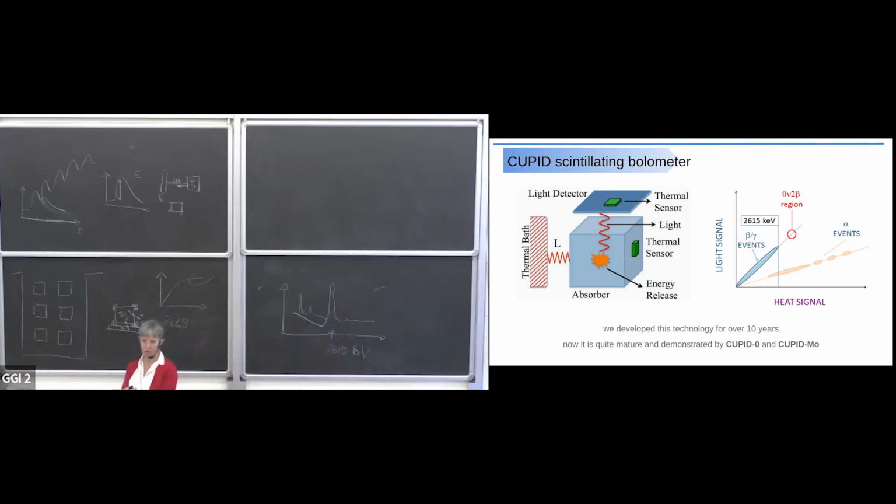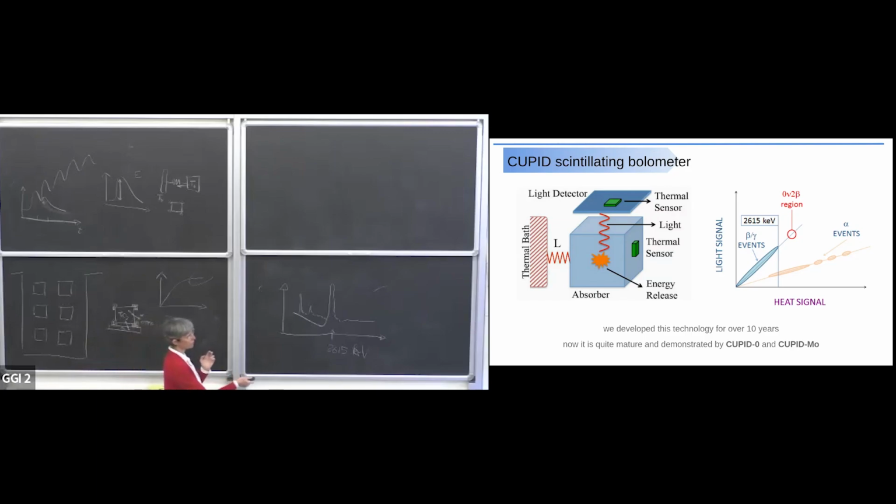Generally, for the same energy deposition, the amount of light released when the energy deposition is due to an alpha particle is much lower than the one produced in the case of a beta or a gamma.